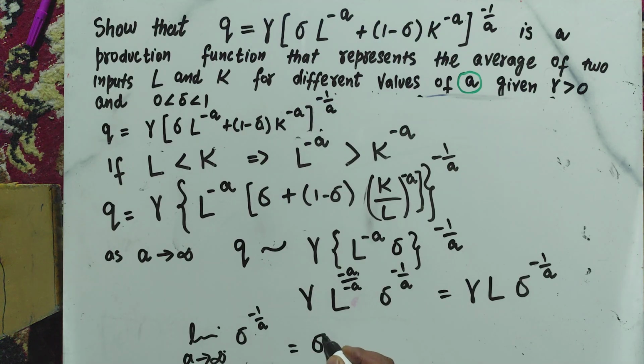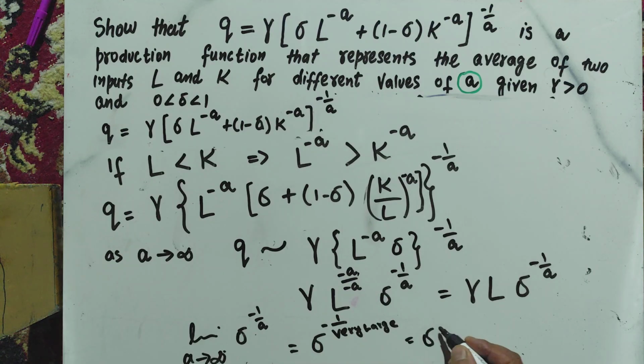If a approaches infinity, we will get a negative times 1 divided by a very large number. 1 divided by a very large number becomes 0, because a approaches infinity.